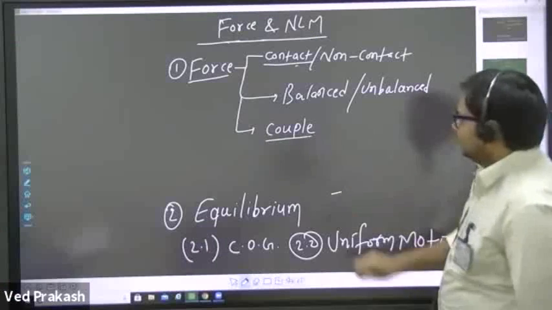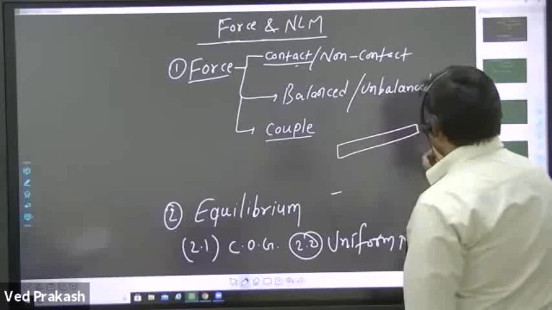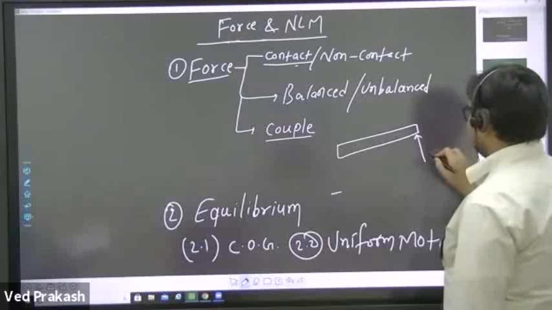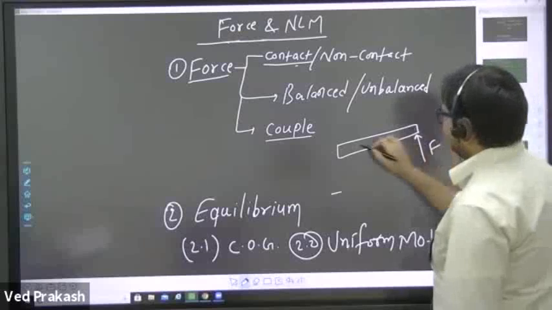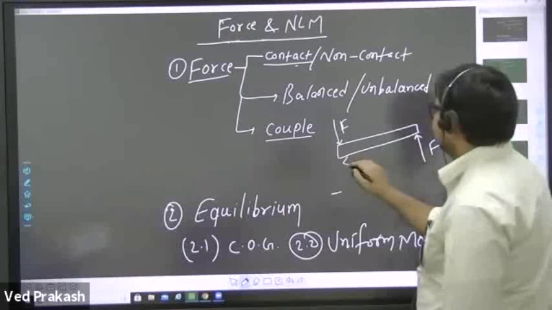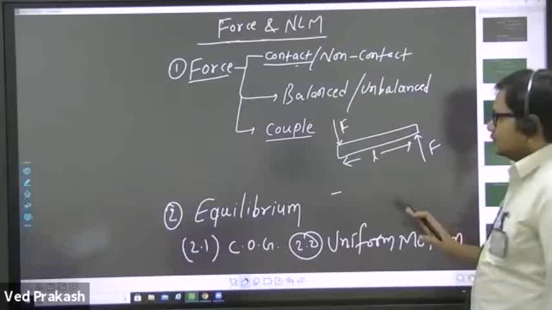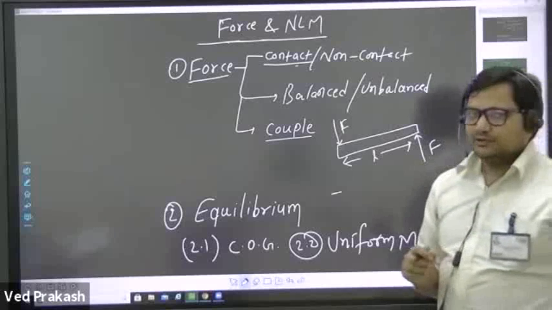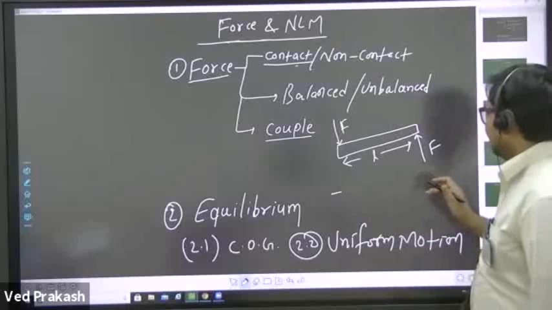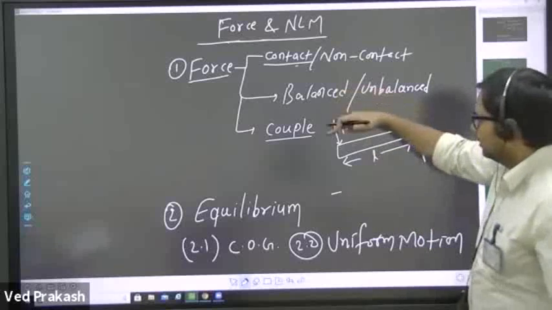Now we will see what a couple is. Suppose two forces are acting on a rod in different directions, this is force F and this force is F. And if the separation between these two forces is L, then if someone asks you to find the net force acting on this rod, your answer should be 0, because one force is acting in the downward direction and the other in the upward direction.